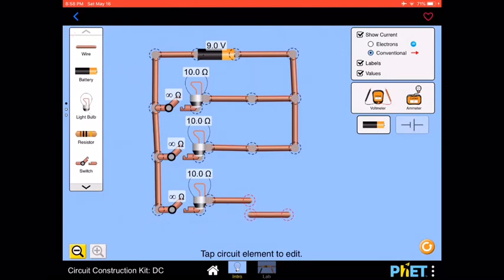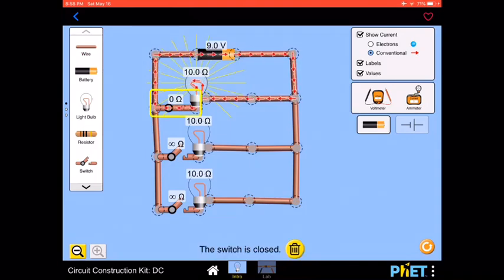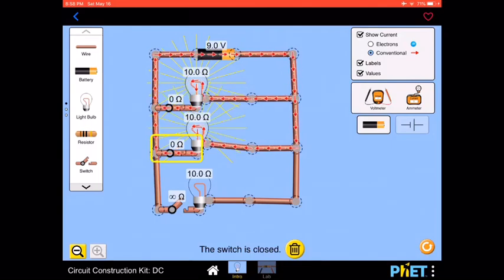You have another bulb here. Now if we look at this, I can close one switch, the other 2 switches are open, so those bulbs don't light. Now I've got all 3 switches closed.